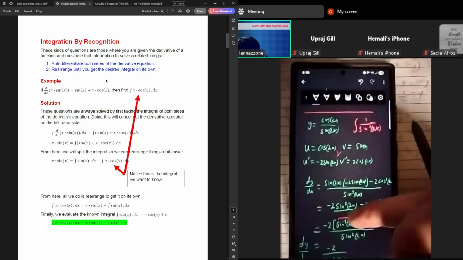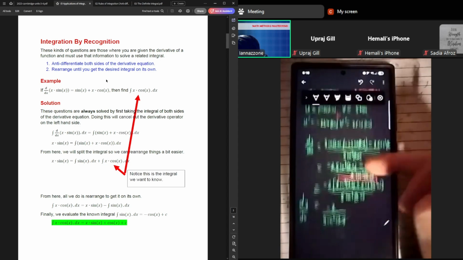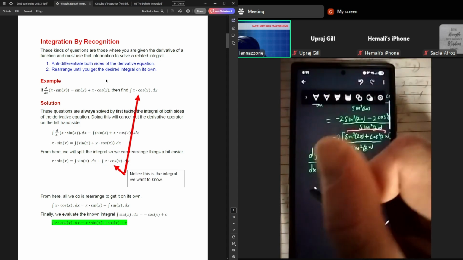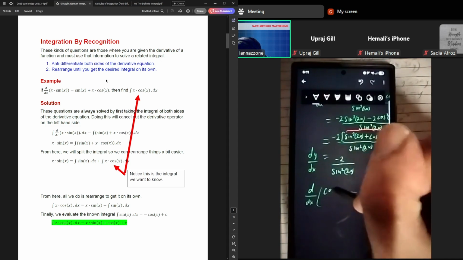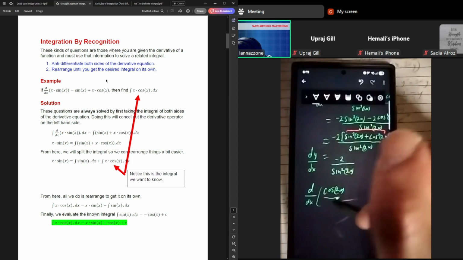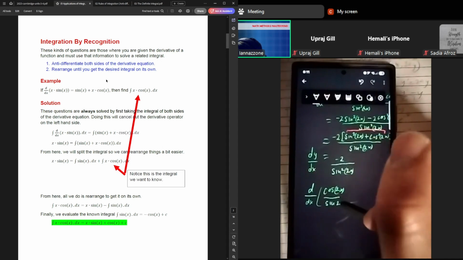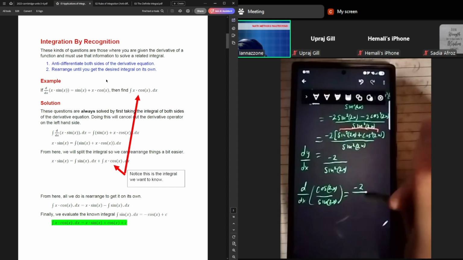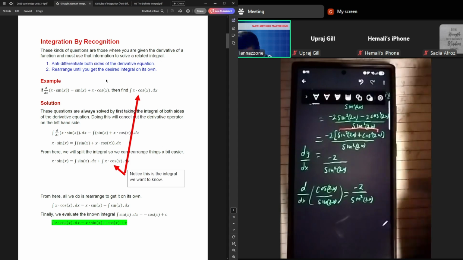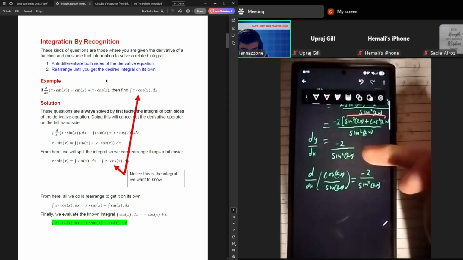We started with the function cos 2x on sine 2x as a division. So I can say the derivative d on dx of cos 2x on sine 2x is equal to -2 on sine squared 2x. That's what we just found. All I'm doing is formalizing that.